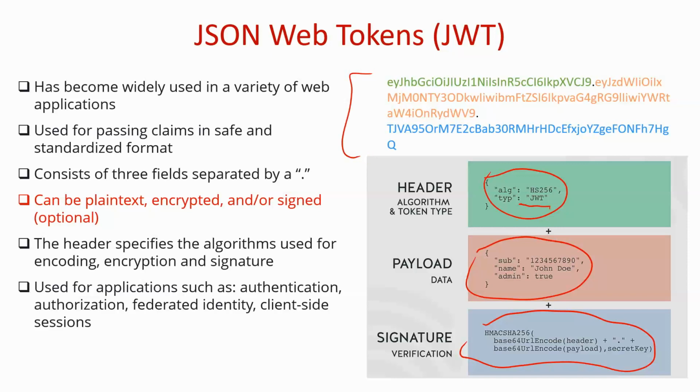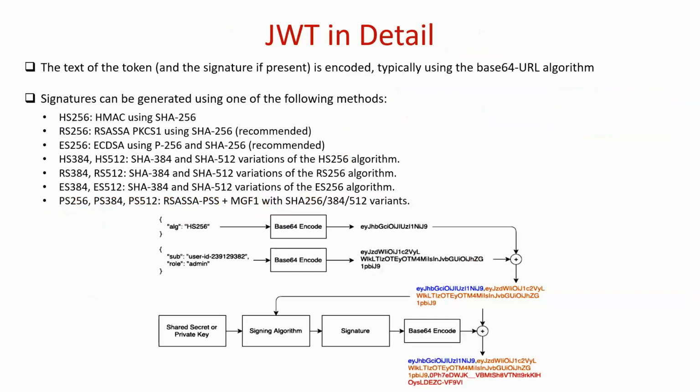And so typically when you see an encoded JWT, you'll see it consisting of three fields, again separated by the period here. So the first field here is the header, the next one is the payload, and the one after that is the signature. The JWT itself can be plain text, can be encrypted, and the signature is optional as we said. Okay, and this figure here shows an example of the generation.